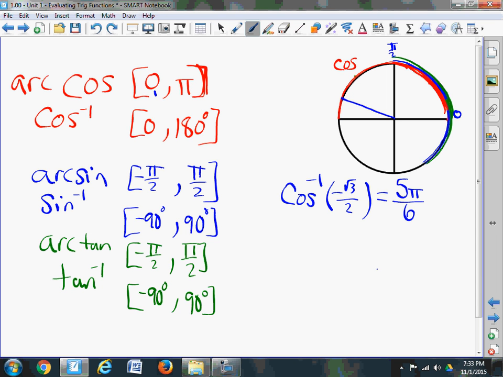Whereas if I was looking at the inverse sine of negative 1/2, well, the sine of 1/2 is usually pi over 6, so I can just really easily go, it's negative pi over 6. It's this one right here. I didn't have to find that reference angle. And this is a little bit awkward because you have to think of the reference angle in the second quadrant.